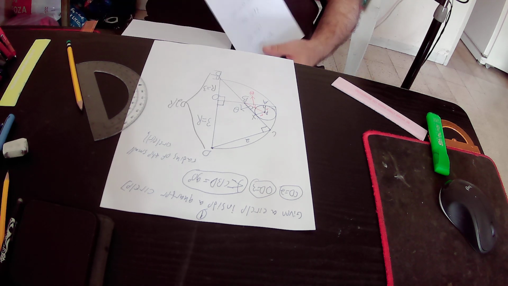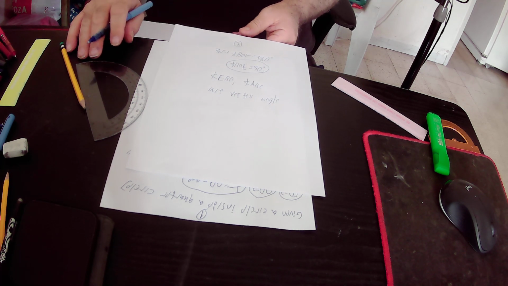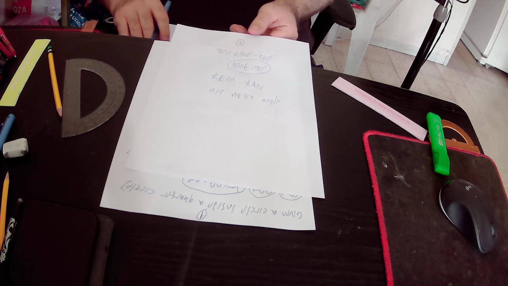Okay, angle EBO and angle ABC are two vertex angles.